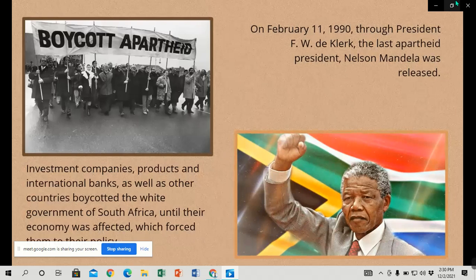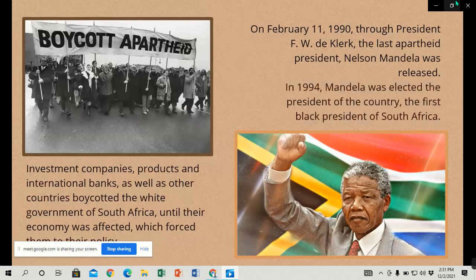De Klerk has no other choice but to impose different changes, starting with the release of the ANC leaders, especially Nelson Mandela. So in 1994, by the end of the apartheid system, Mandela was elected the president of the country, and he was the first black president of South Africa.